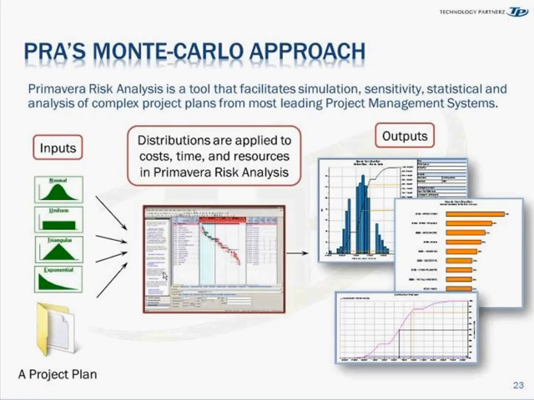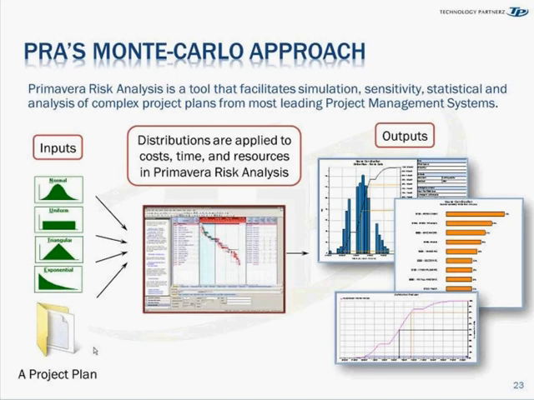So this is what it looks like. We have a bunch of tasks, and they have different distributions, and we have a project team. So I guess maybe we should start from the first. We get a project plan, and that project plan can come from a bunch of systems. Of course, we would like to say that they all come from P6, but some of them will come from Project and Deltek and some other. So the solution is very flexible.